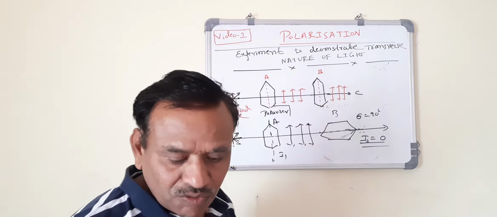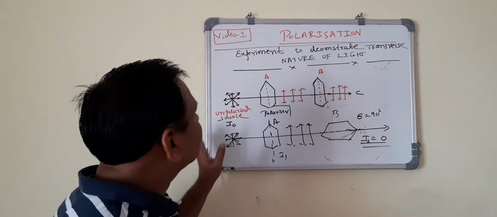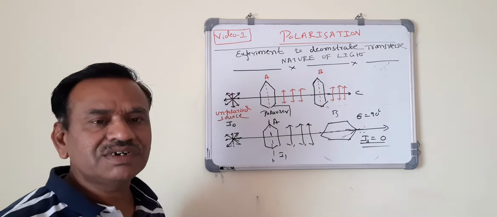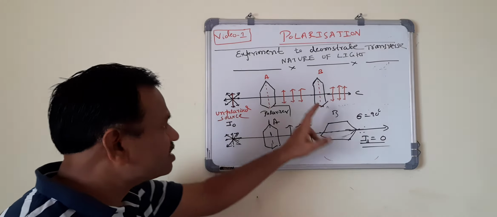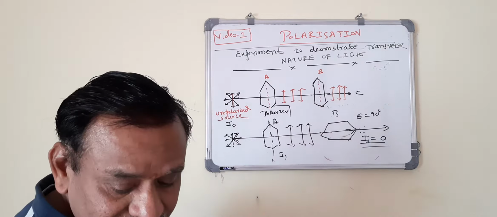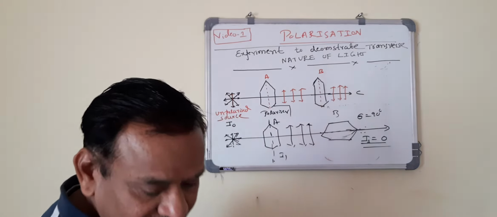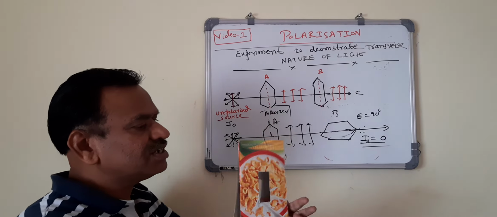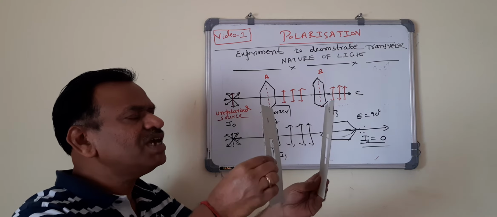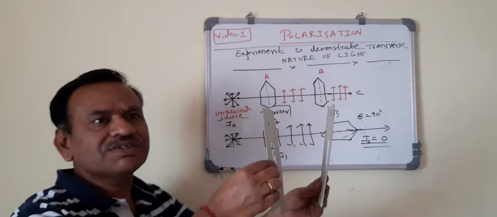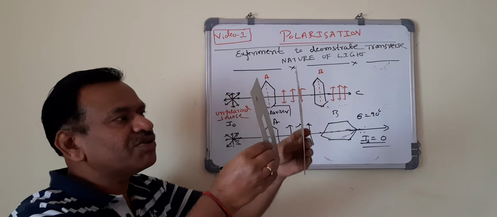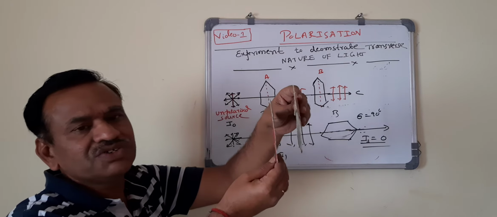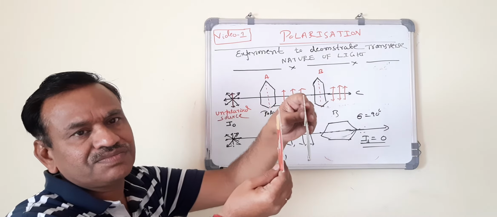From this, the conclusion is that this experiment demonstrates the transverse nature of light. The crystals I am taking here are tourmaline crystals: crystal A and another one, crystal B. You might ask, sir, if both A and B are rotated together, what happens? The intensity also changes.